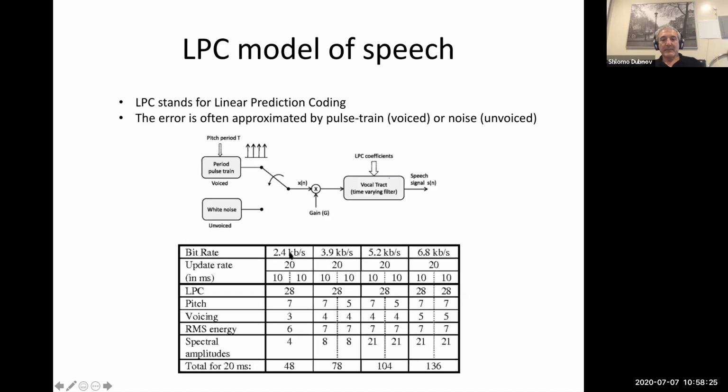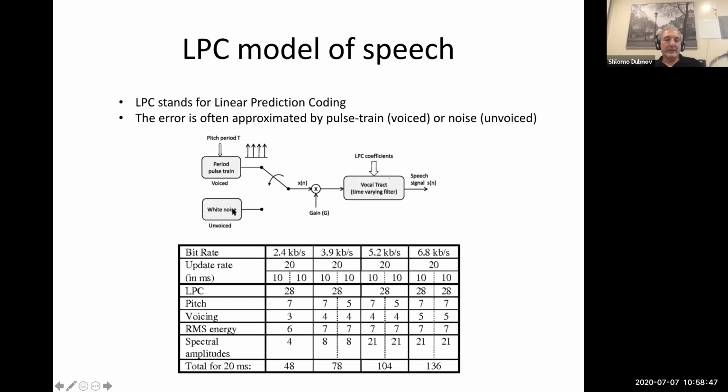You can do the multiplication. So you have 50 of them, and you get an encoding of speech at 2.4 kilobits per second. Very efficient. Again, this is not exactly an encoding of the error signal. It's really approximating the error signal with either an ideal pulse train, or switching this to noise.